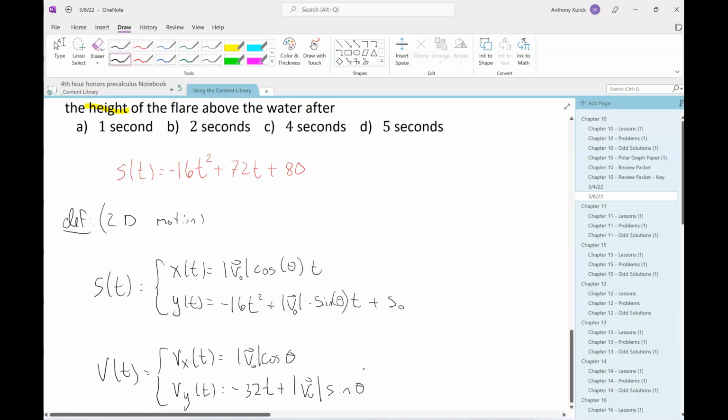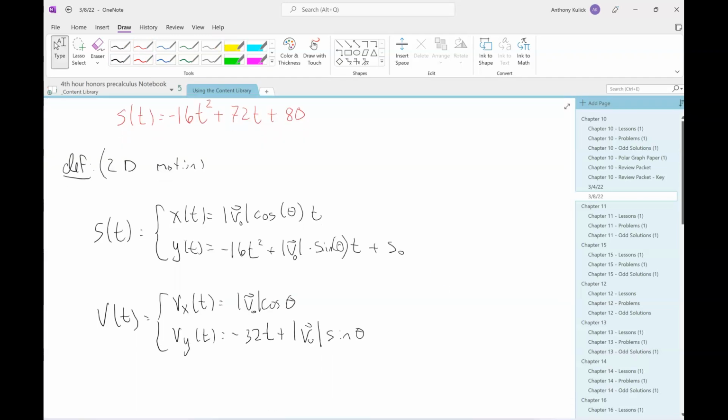Okay, so here's our two-dimensional motion equations. What do you notice here right away? We got a vector in here. Oh no!